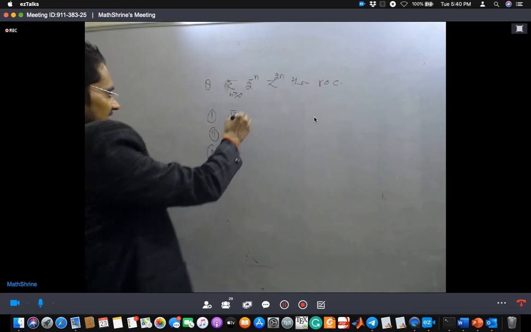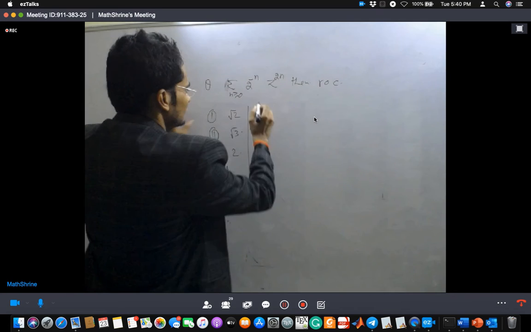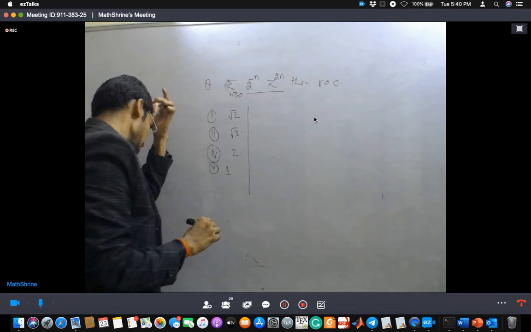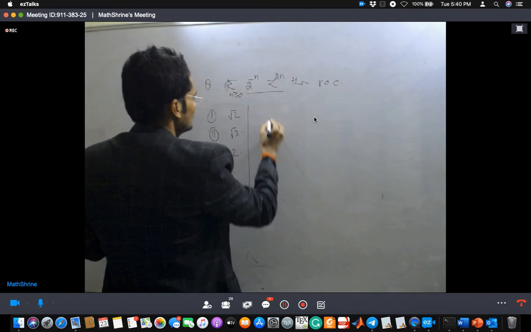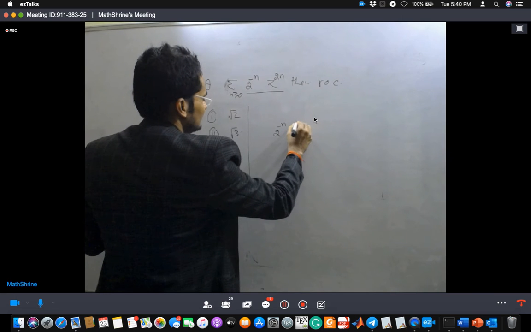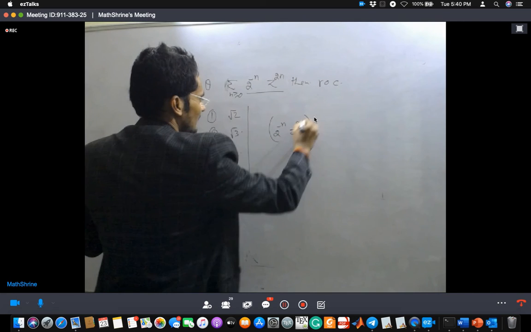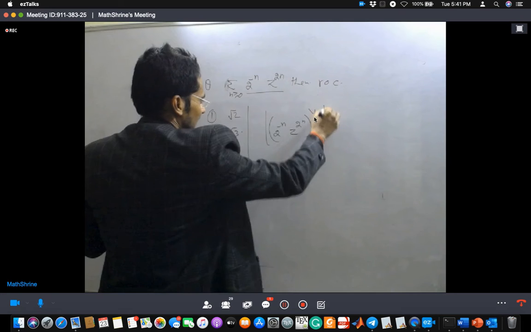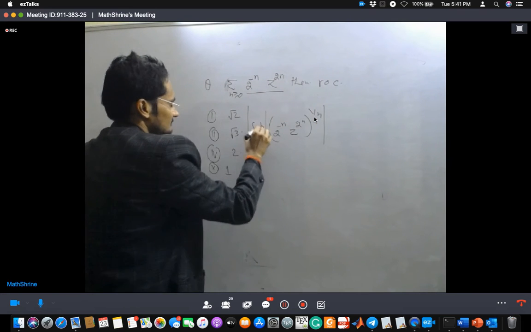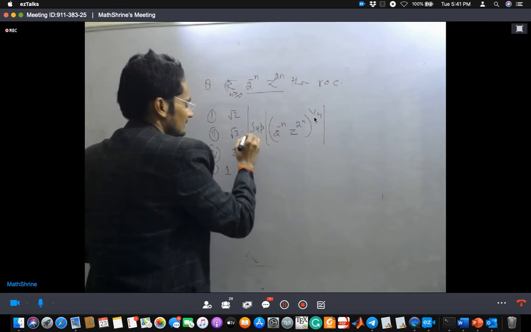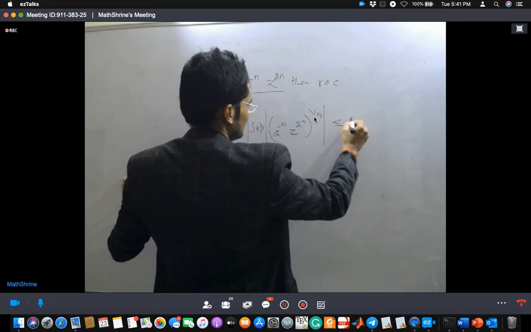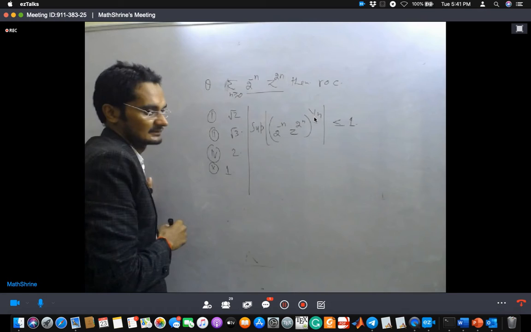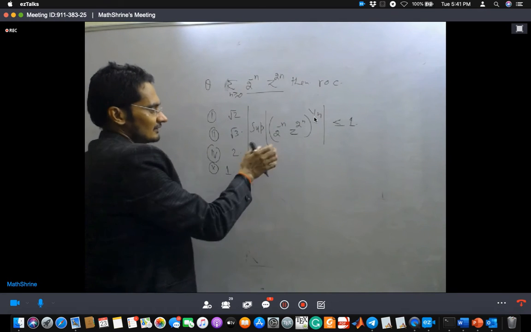The answer is very simple. This is given. Do not learn any formula. So take 2 raised to the power minus n, z raised to the power 2n, whole power 1 by n. Take the supremum over the limit. This should be less than or equal to 1.